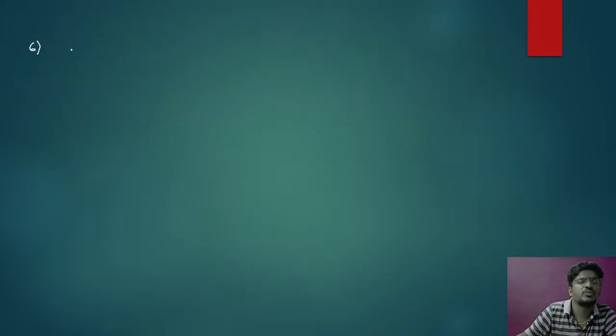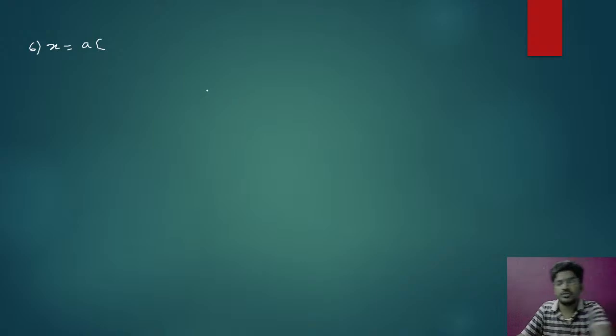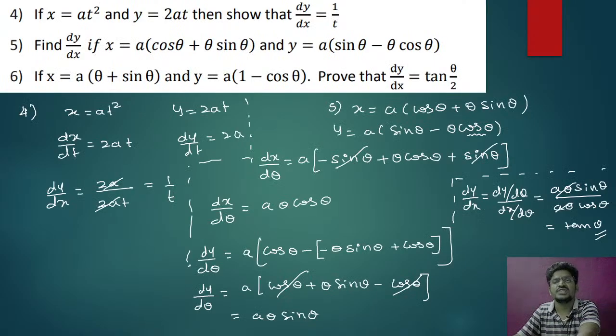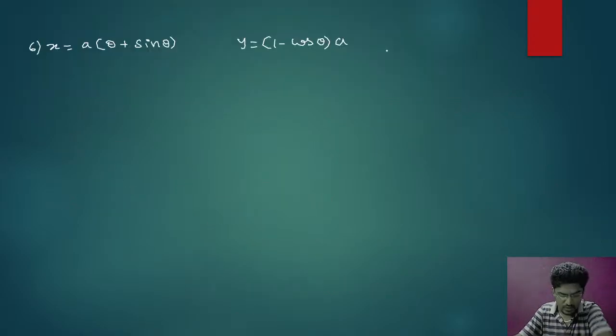See the sixth problem, that is x equal to a times of theta plus sin theta. y will be equal to a into 1 minus cos theta. So dy by dx is tan theta by 2, so we have to prove it as tan theta by 2.